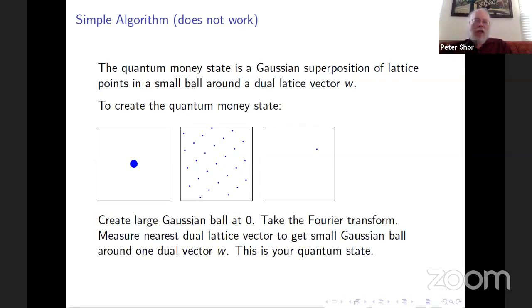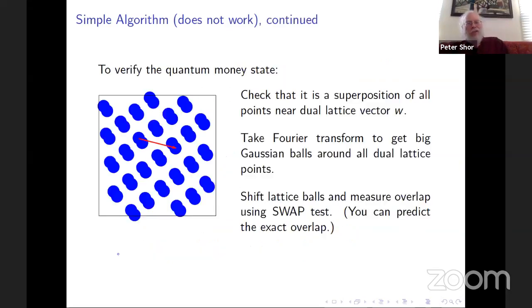So this is how you create the quantum money state. Our first algorithm, which I should say does not work, builds on this, so you need to understand this first. So how do you verify the quantum money state?